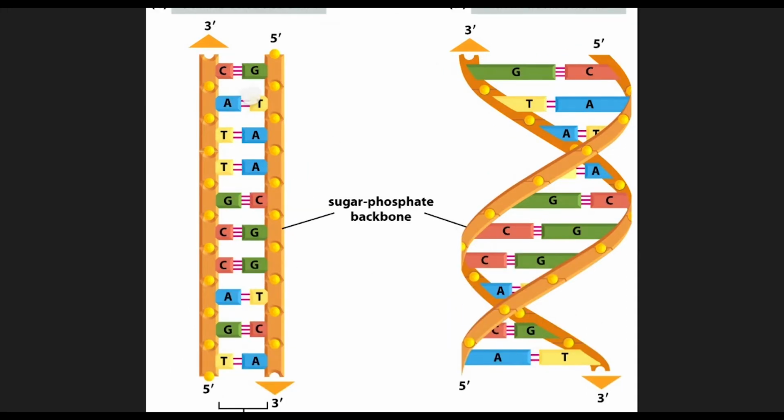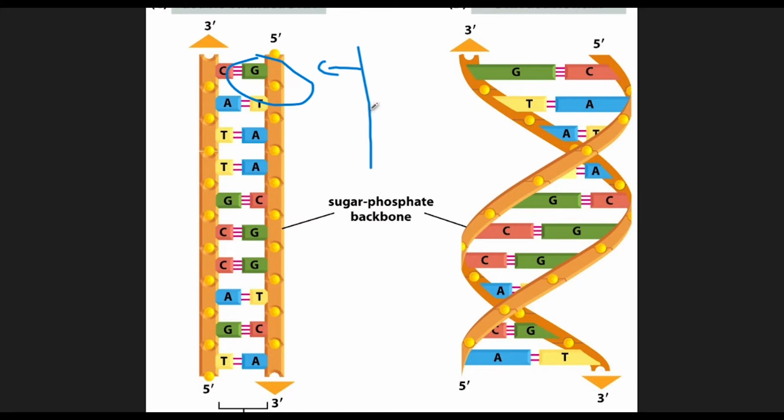That strand from the DNA will be complemented by the messenger RNA. For example, if we have guanine like this, in the messenger RNA we shall have cytosine.